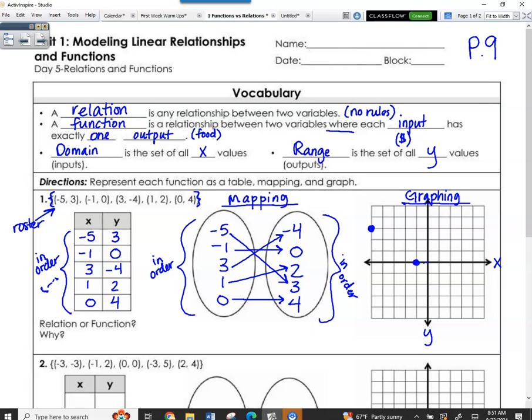We're going to go right 3, down 4. 1, 2. From the origin, we're going to go right 1, up 2. 0, 4. 0 means no right or left movement, then up 4.